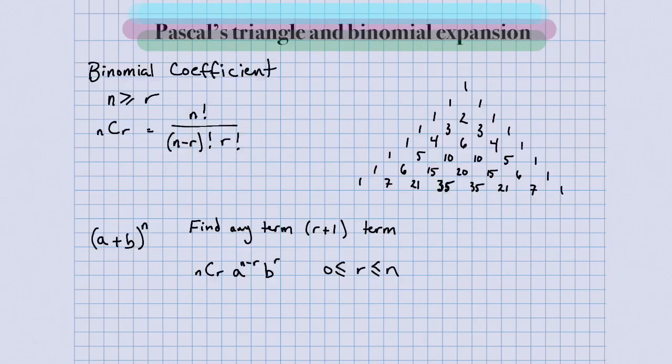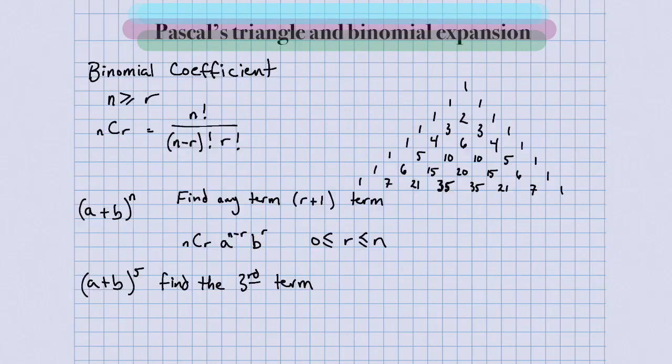So what that means is, let's say I have a problem that shows you a plus b to the 5th power, and they want us to find the third term in that sequence. Remember, we made all those terms, so we want to find the third term in this binomial expression, a plus b to the 5th.